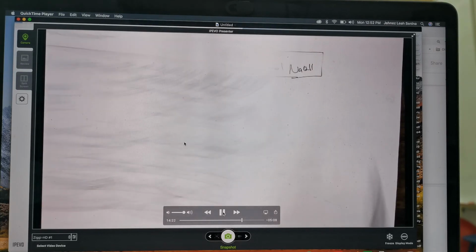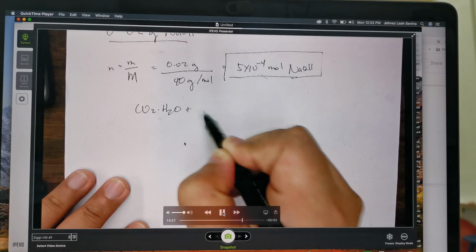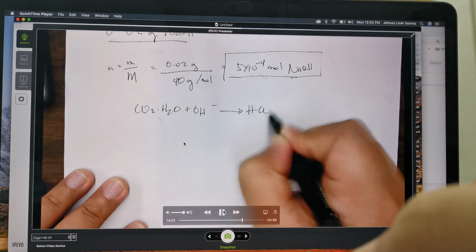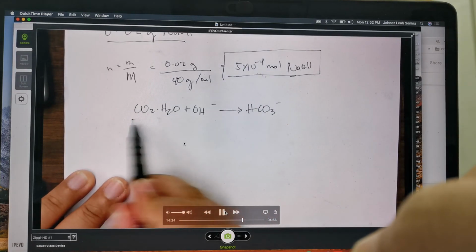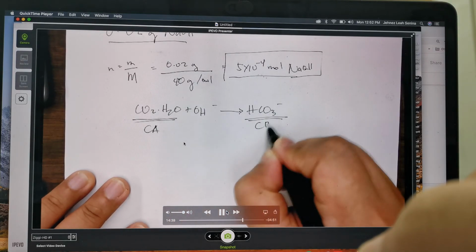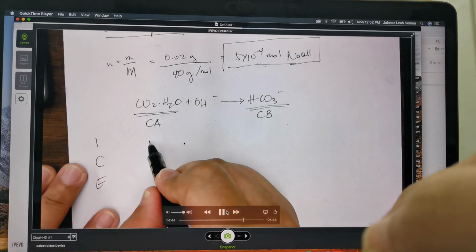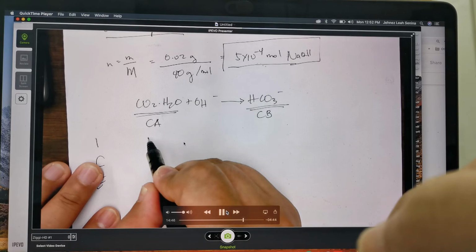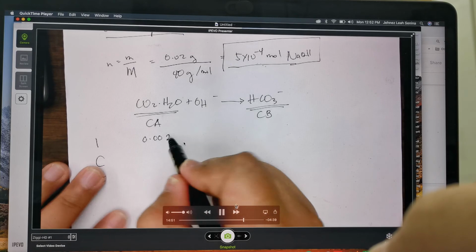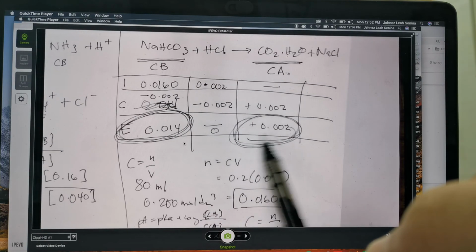So let's write the new equation. This was your conjugate acid from earlier, and we know that this is the conjugate base. So we do an ICE method. The initial amount, not concentration, mole, is 0.002. It was from here. We're starting here because we're adding a base.